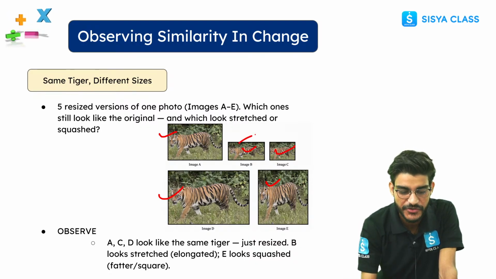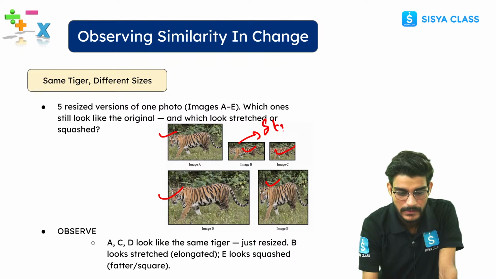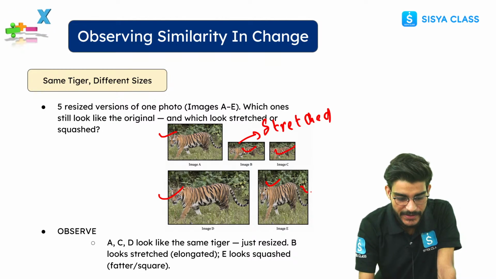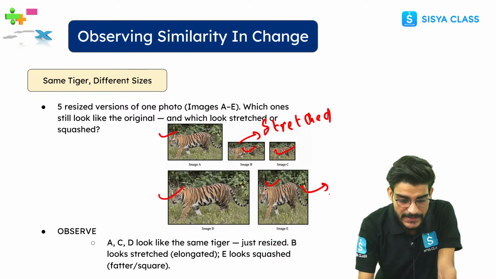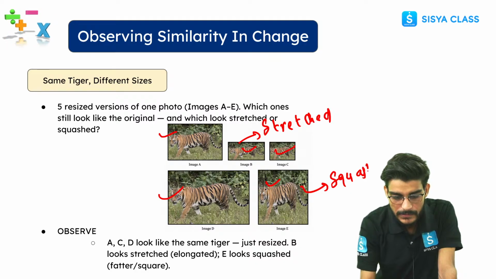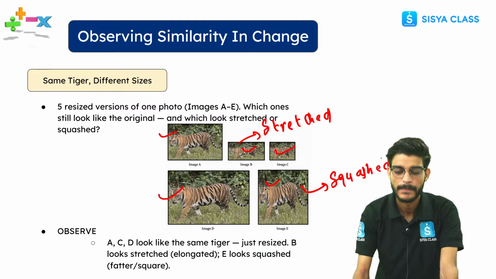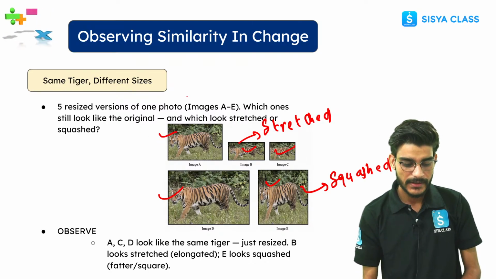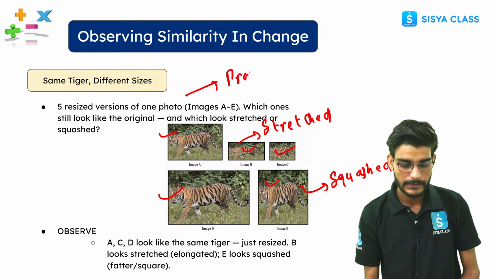Here the image is stretched, and here the image is squeezed. All these things come under proportionality, right?